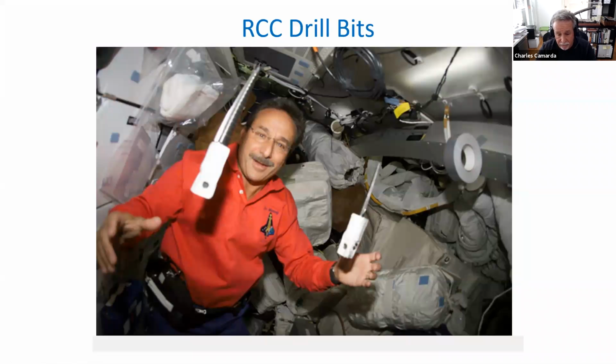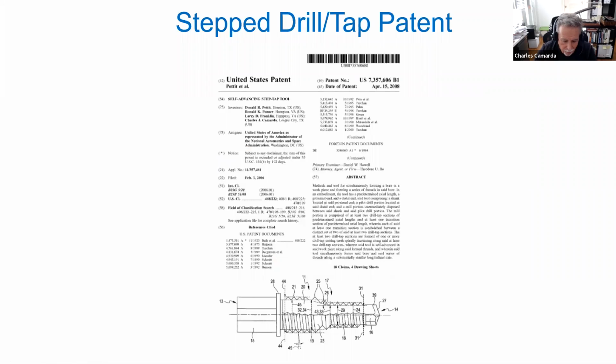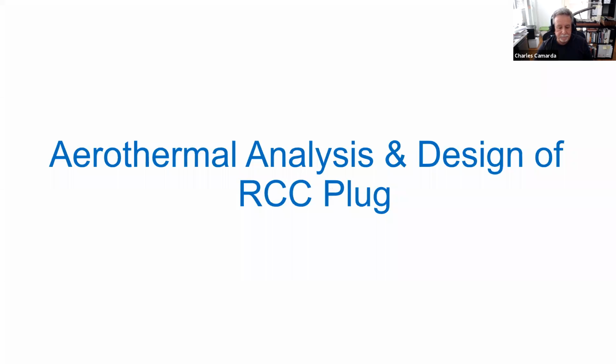And then we actually flew these in space, and we actually would like to demonstrate that in space. And we also were able to get a patent for this idea because it was a totally new idea. So many of the ideas you come up with will be brand new.